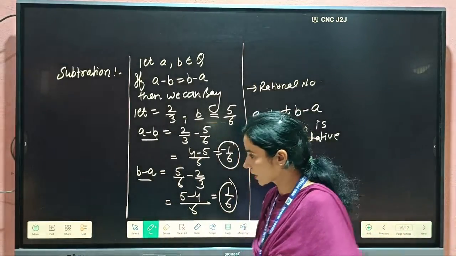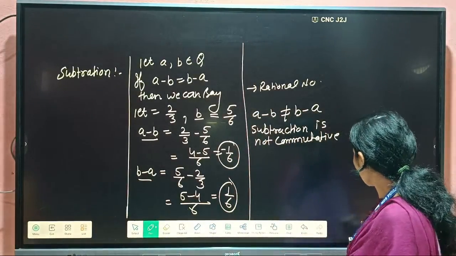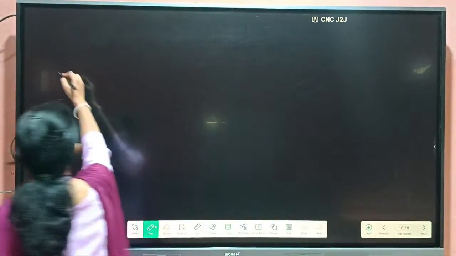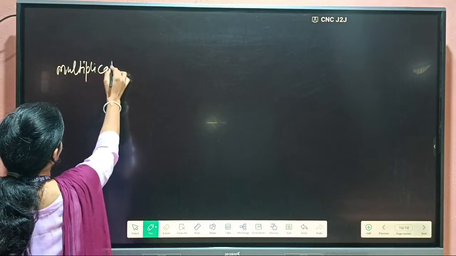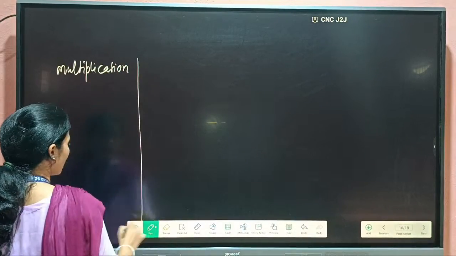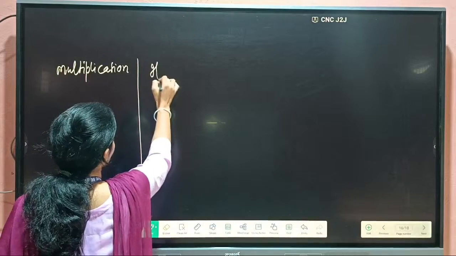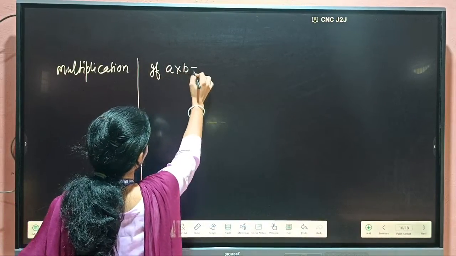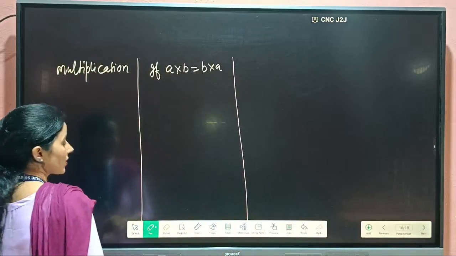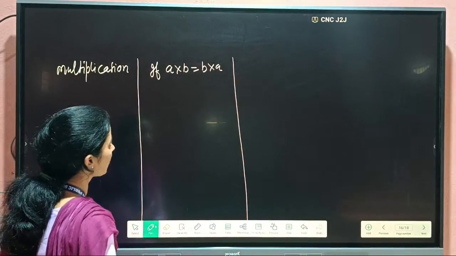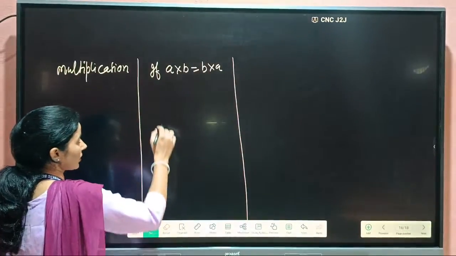Now let us check it under operation multiplication. This time, if A into B equals B into A, then we can say rational numbers hold commutativity property under operation multiplication.